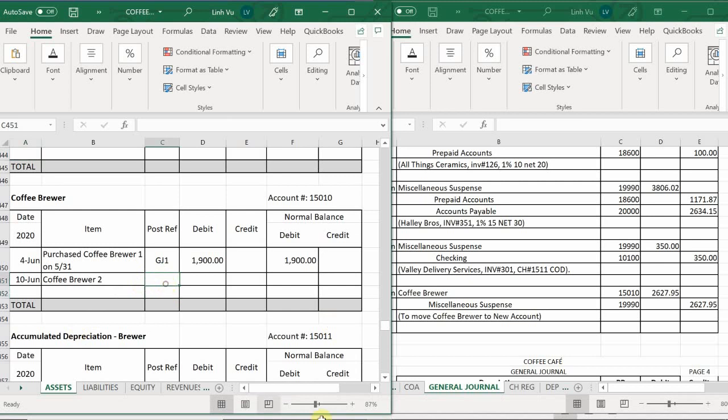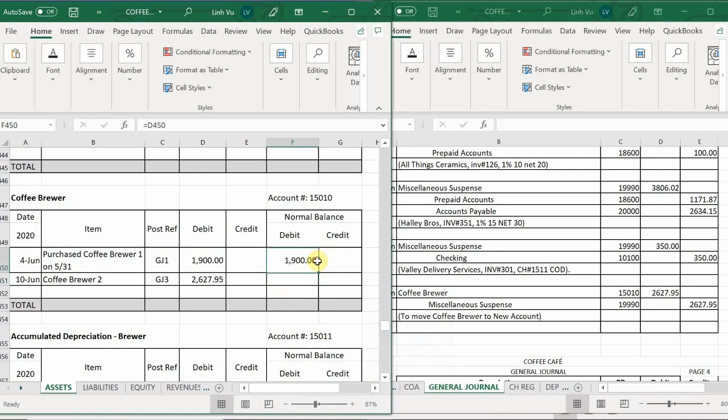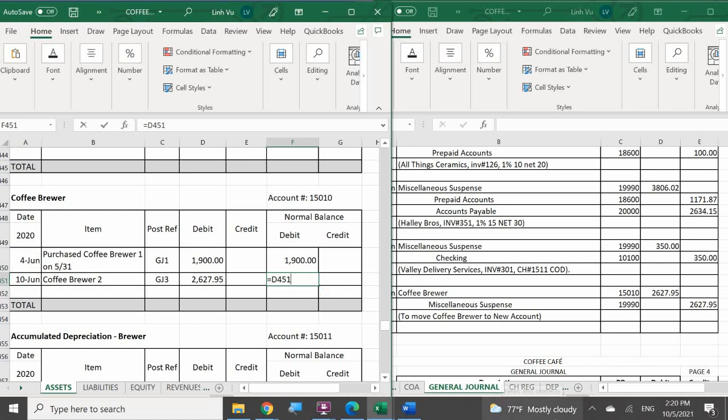So you have to add here we go, 2,627.95. So the balance is 4,527.95. Oh, yeah, hold on. Sorry. Let me add those together. 4,527.95. Yes.